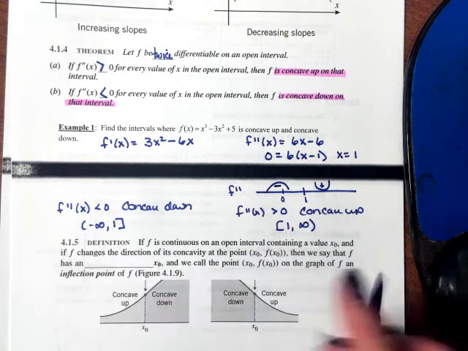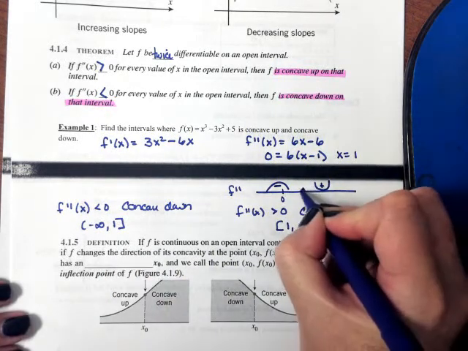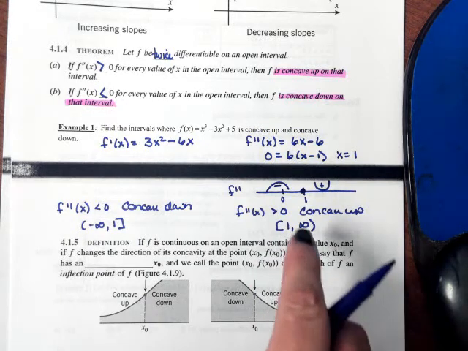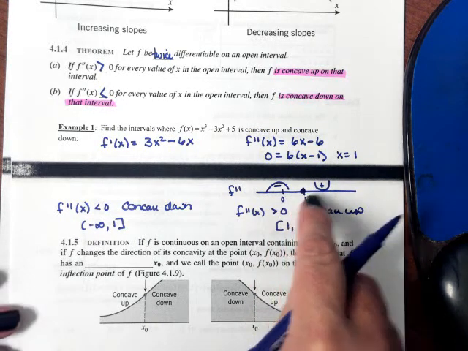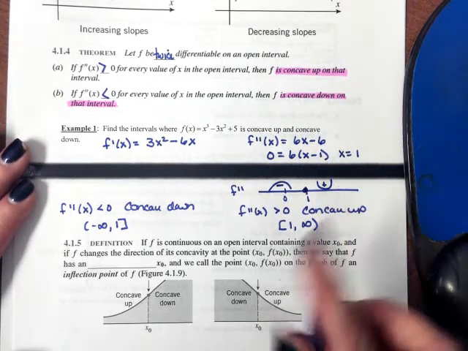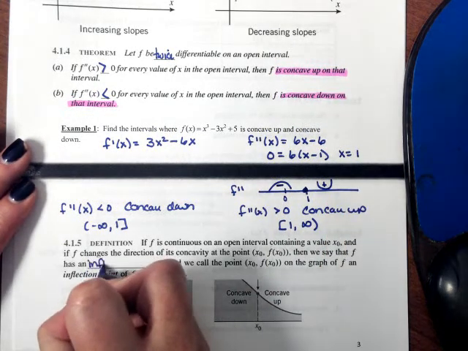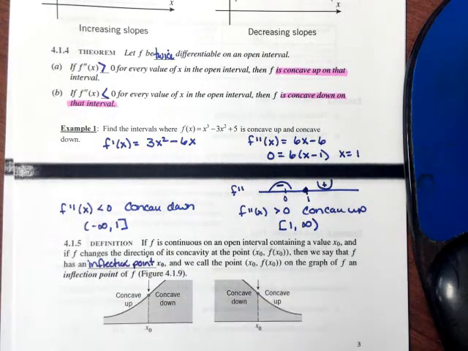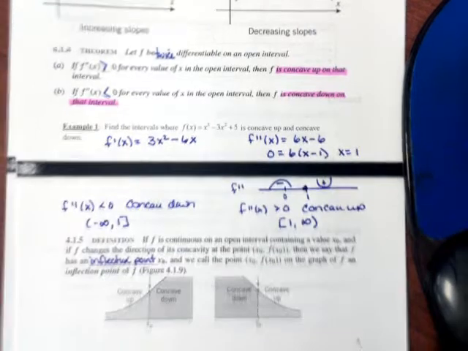We do have a special name for x equals 1. That point where you change concavity, which is what we have here, we're going from concave down to concave up at x equals 1. We do have a special name for that point. That's called an inflection point. So the inflection point is where your f of x changes concavity.